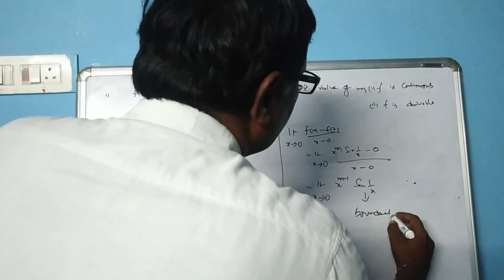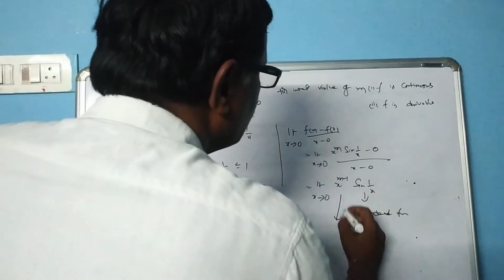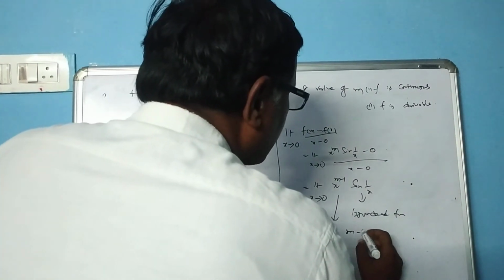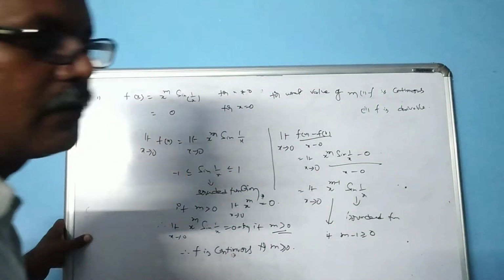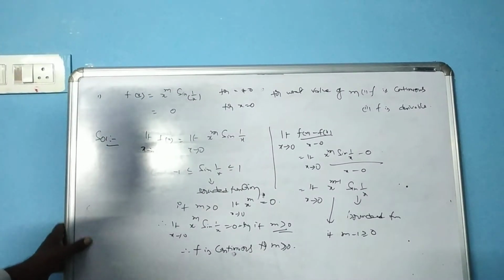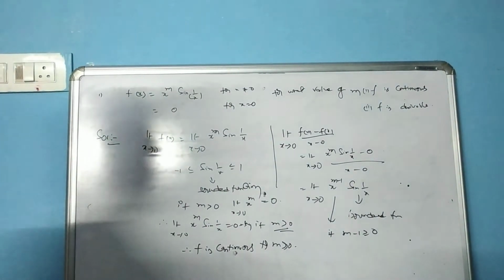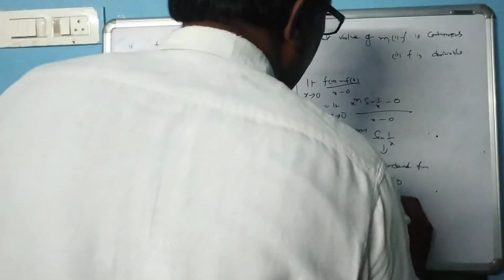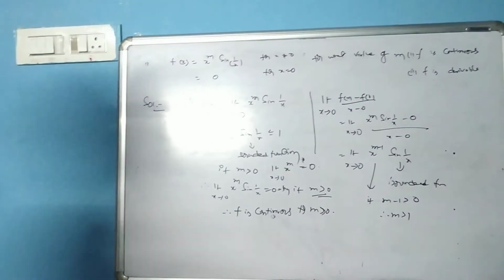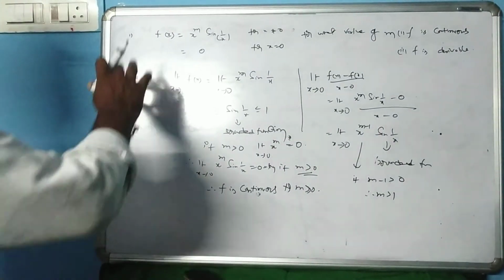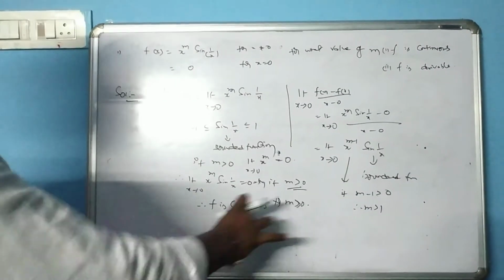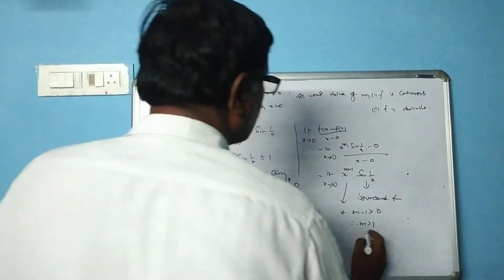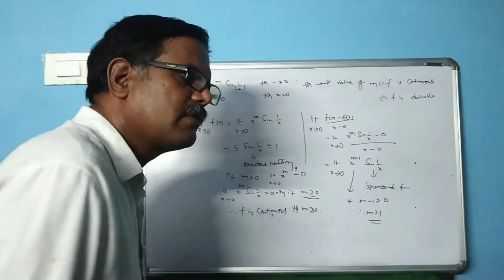This function converges to 0 if m - 1 is greater than 0. Therefore m is greater than 1. This function is continuous if m is greater than 0. This function is derivable at x = 0 if m is greater than 1.